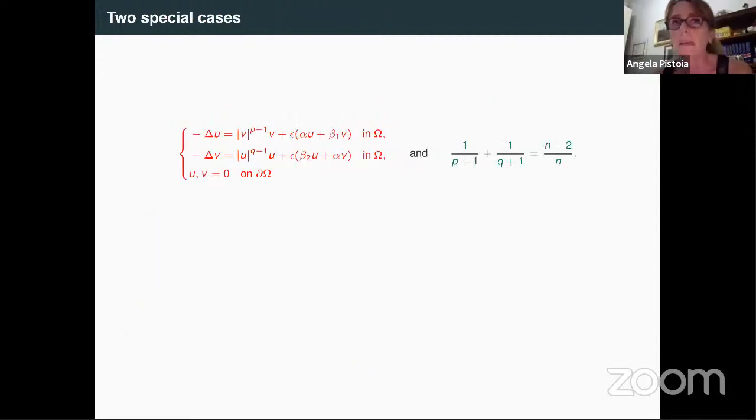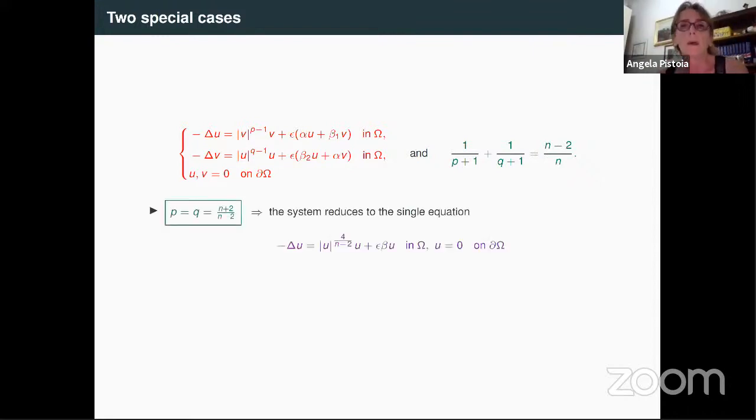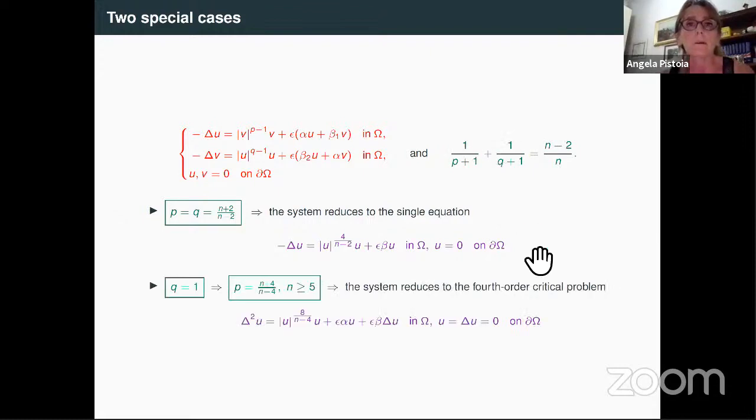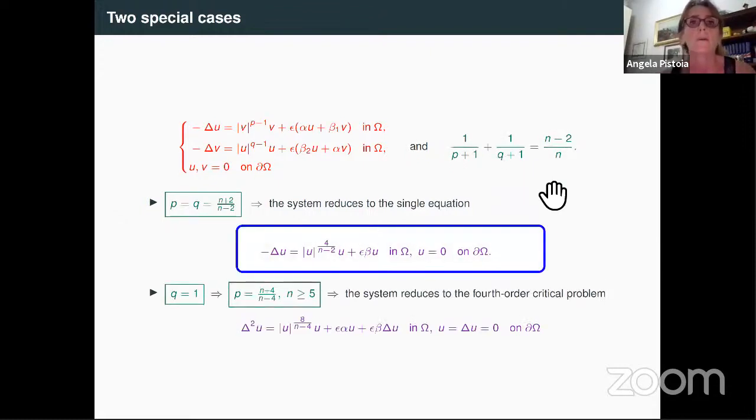Let me emphasize two special cases. This is the system, I'm rewriting it. When the two exponents are equal, the fact that p and q belong to the critical hyperbola means that we can assume the system reduces to a single equation.